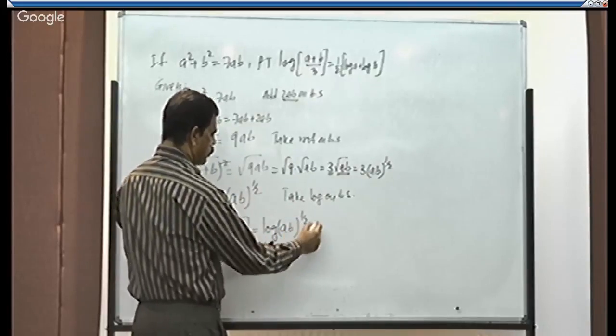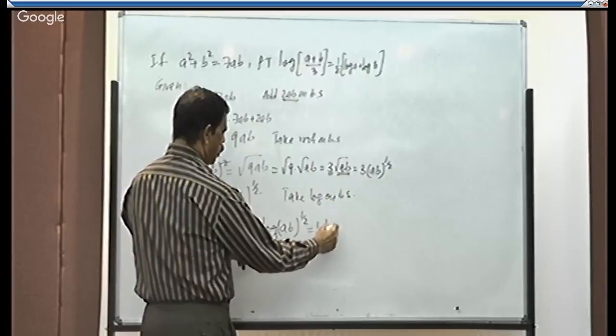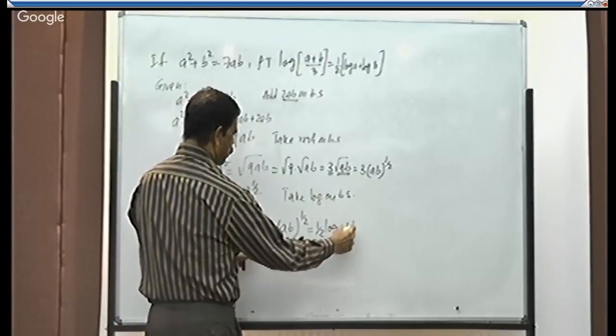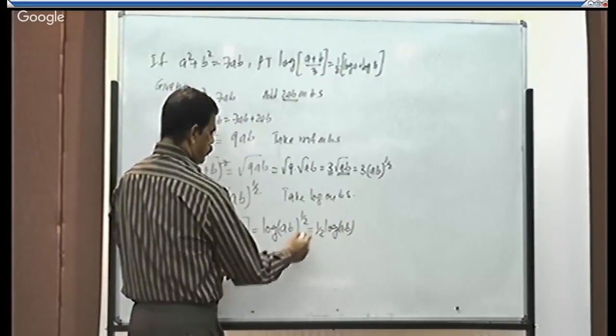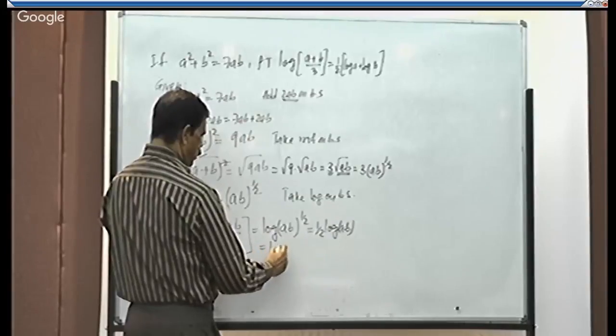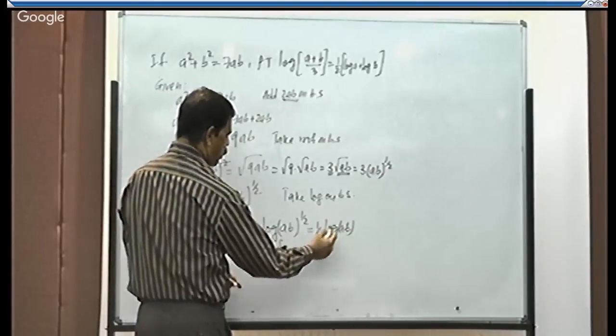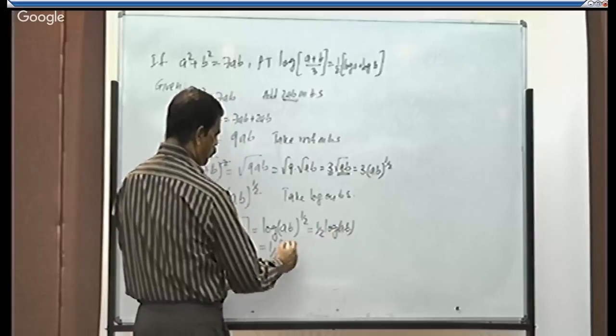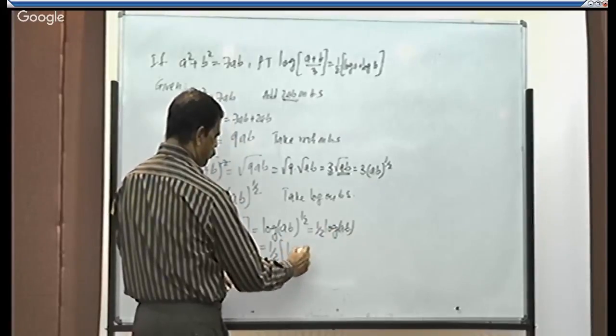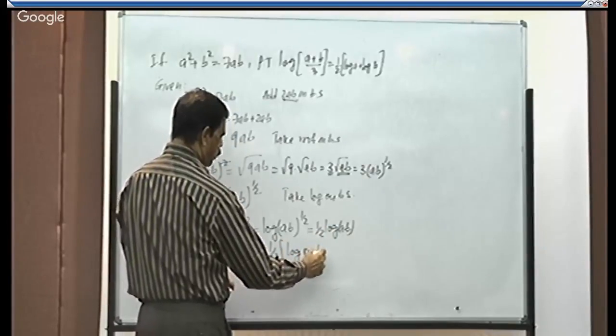Log of m to the power n is equal to n times log m, so this is equal to what? 1 by 2 into log ab. Log mn is equal to what? Log mn is equal to log m plus log n.